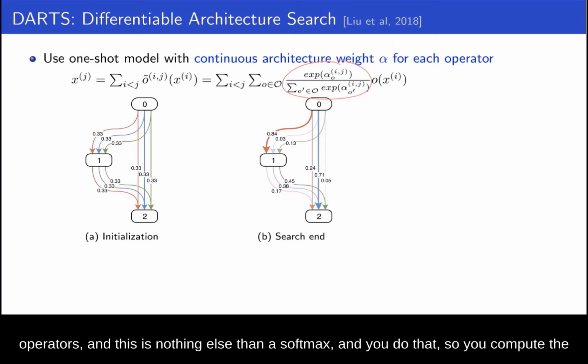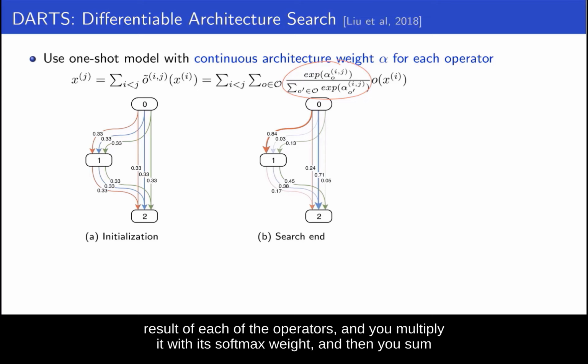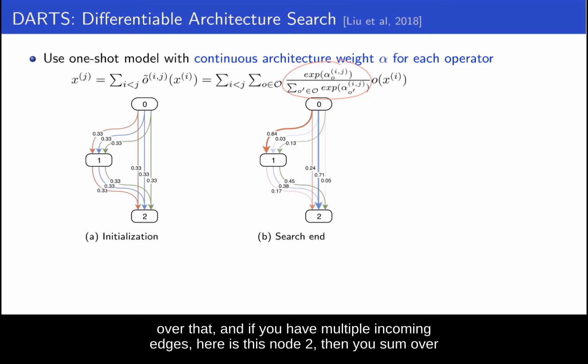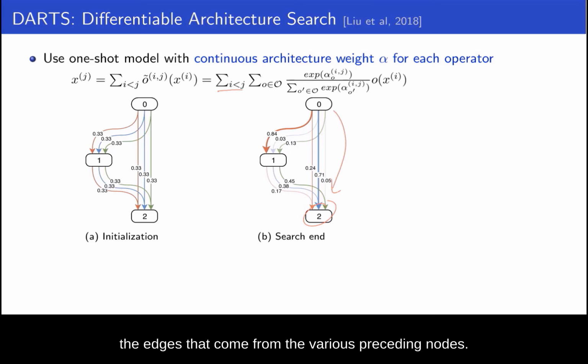And this is nothing else than a softmax. So you compute the result of each of the operators and you multiply it with its softmax weight, and then you sum over that. And if you have multiple incoming edges, here in this node 2, then you sum over the edges that come from the various preceding nodes.